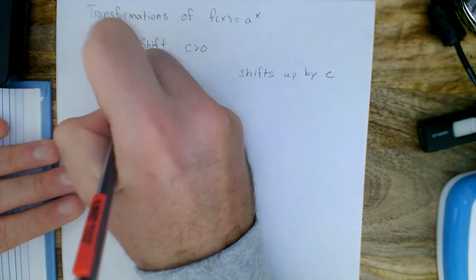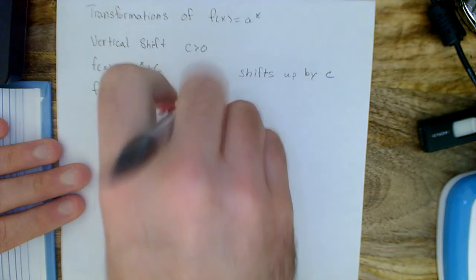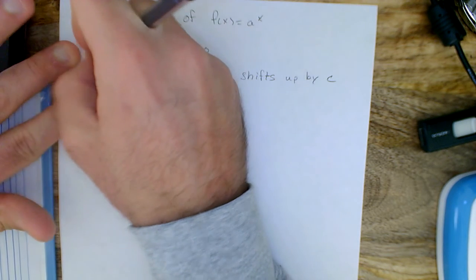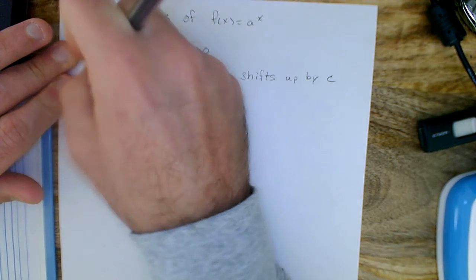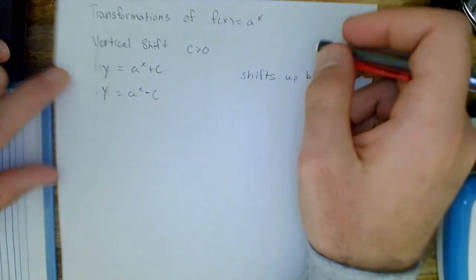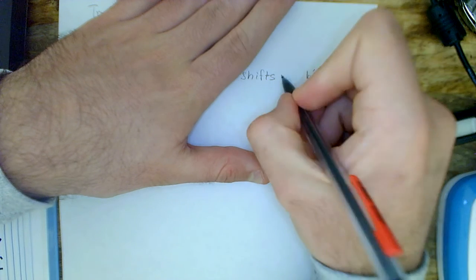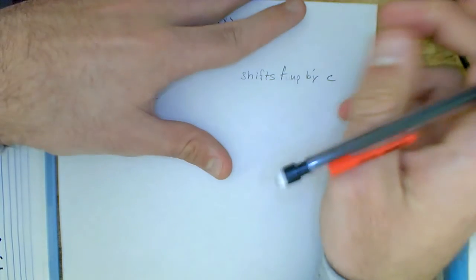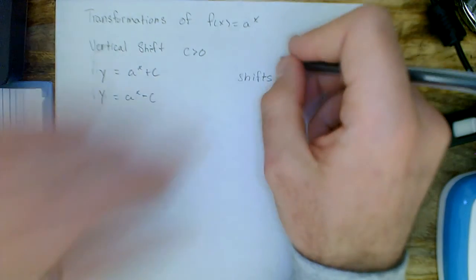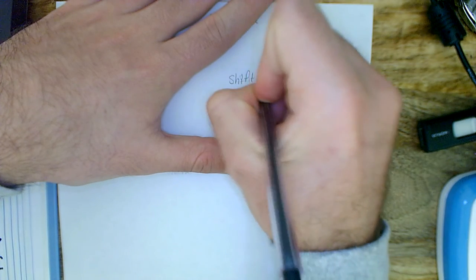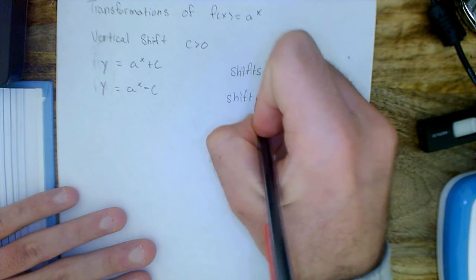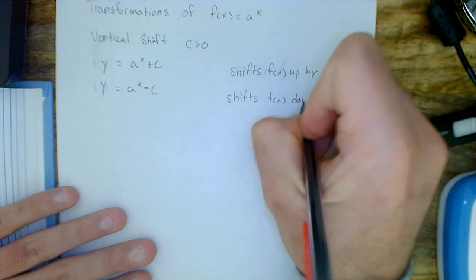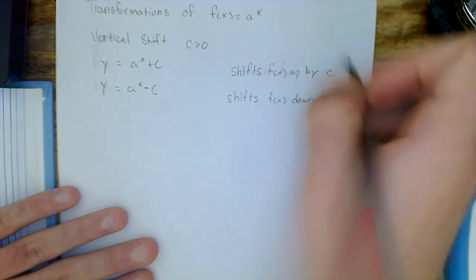And f of x equals a to the x minus c shifts the function f down by c.